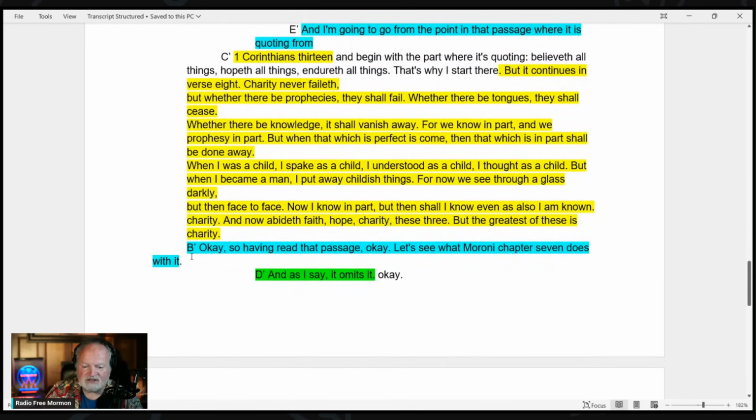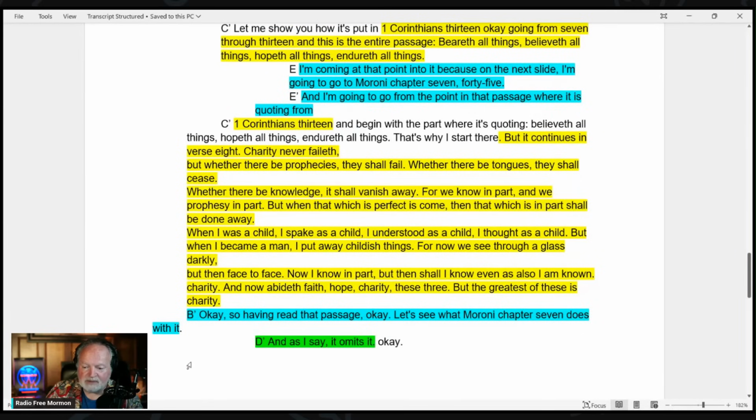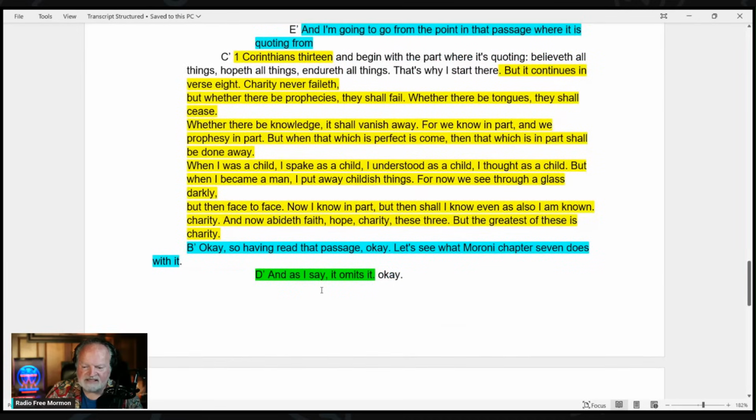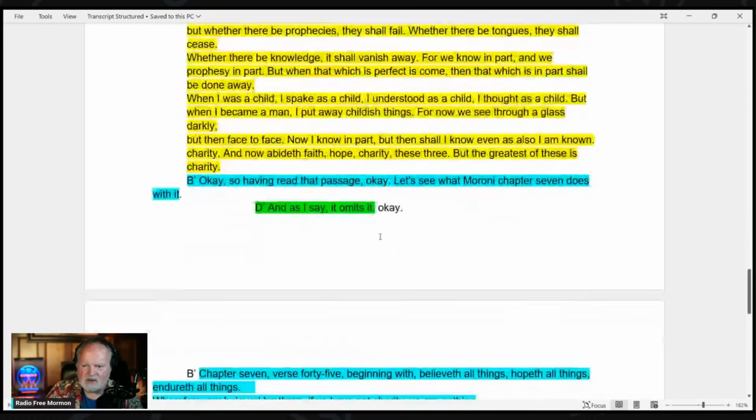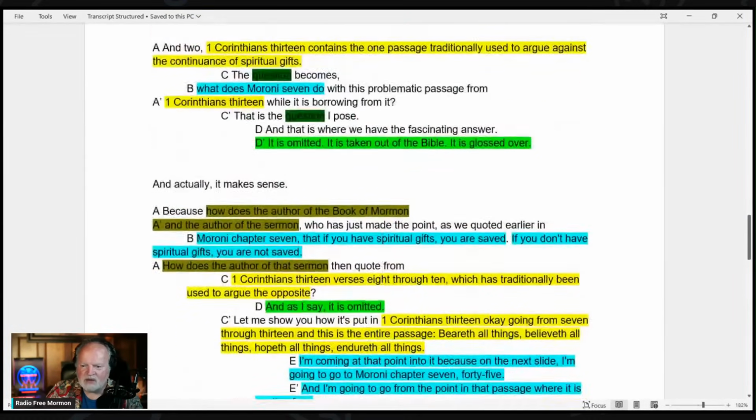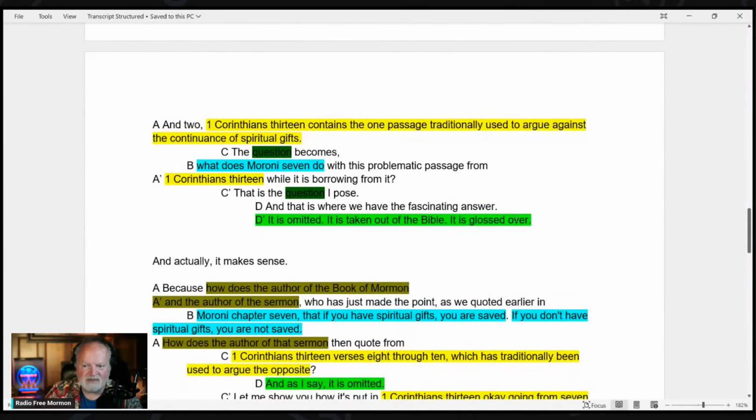And then finally we get to B, sub B, which is in light blue, which talks about Moroni chapter 7, which that's what the light blue is for. And then finally we get to sub D, which says, and as I say, it omits it. See, 3 mentions of omission. You have the one here, you have the one here, and you have the one here the first time. So there's 3 mentions of it.